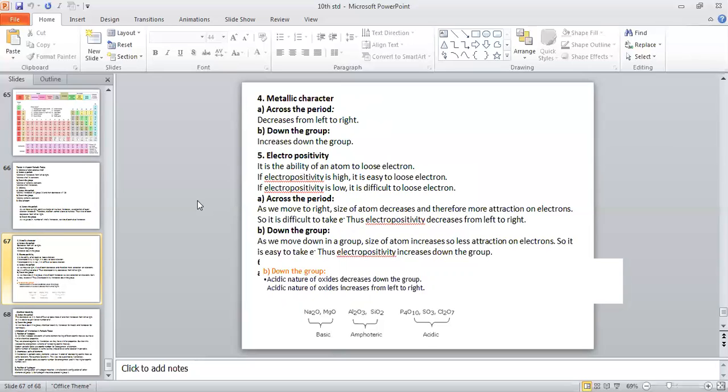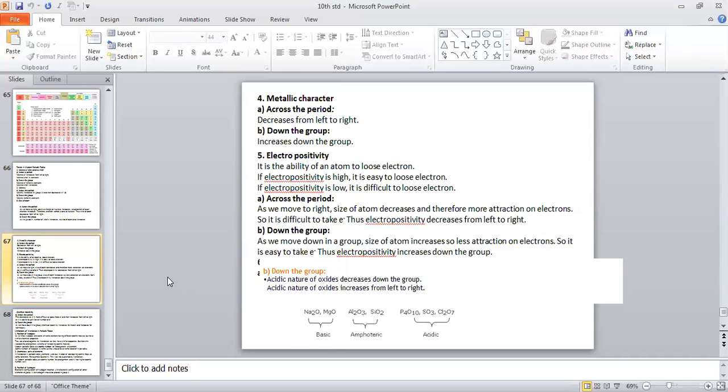Across the period, electronegativity increases from left to right, and in the group, electronegativity decreases because the character goes on changing from non-metal to metal.